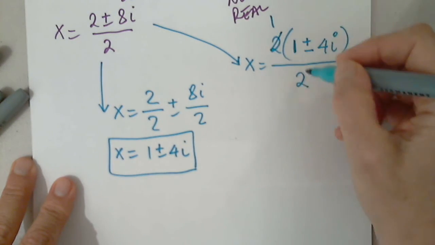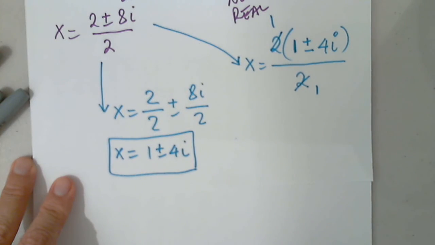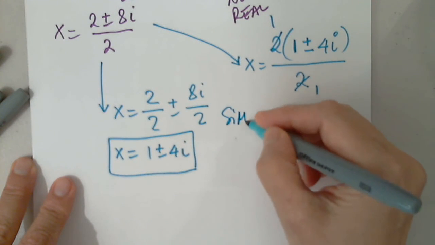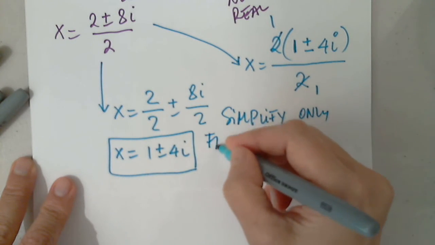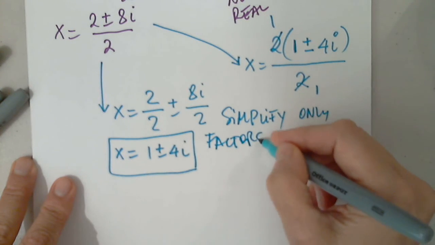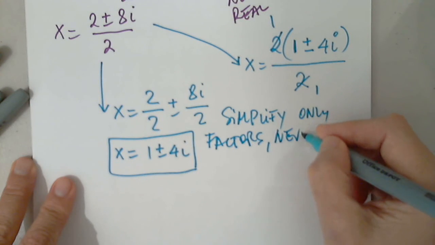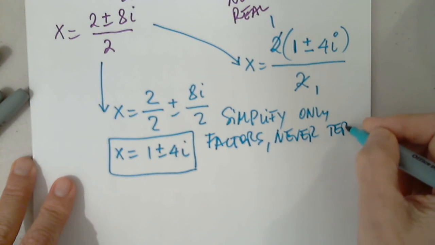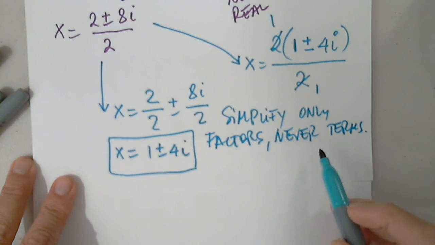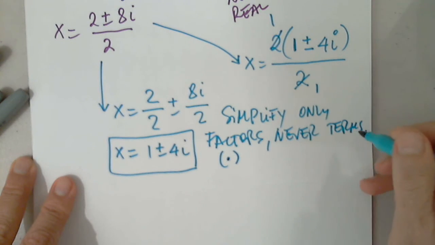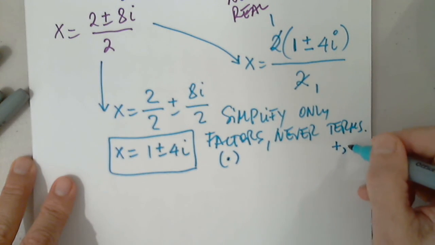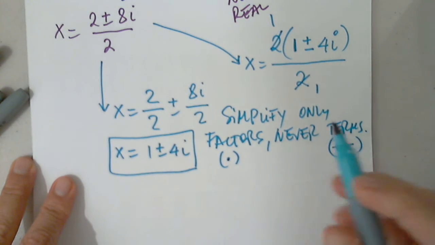Now I am allowed to simplify because we simplify only factors, never terms. Terms are quantities that are added or subtracted.